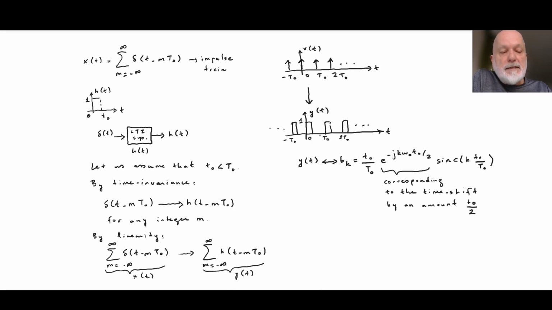Now, in this example, the system is, of course, stable because the condition for stability is that h of t must be absolutely integrable. Here, h of t is just a finite duration pulse. It is one from 0 to t0, and of course, it is integrable.